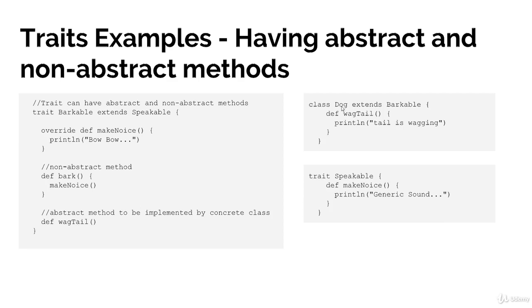Now whenever the Dog extends Barkable, it will add the implementation, and then it will make a call. So I hope you understood this concept.